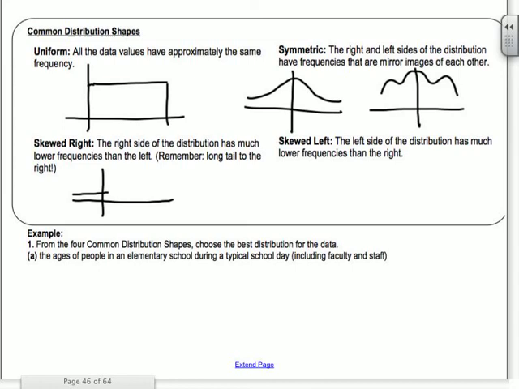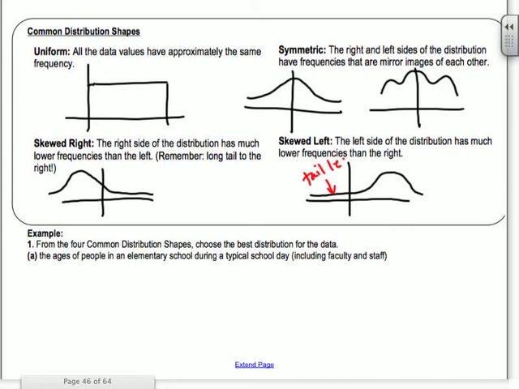A long tail to the right, and then the bump is on the left. That would be skewed right. Weird, isn't it? I would think that's skewed left. All right, and then skewed left, the long tail is on the left, and then you have your bump. So maybe right tail, left tail, right. I always got those confused.